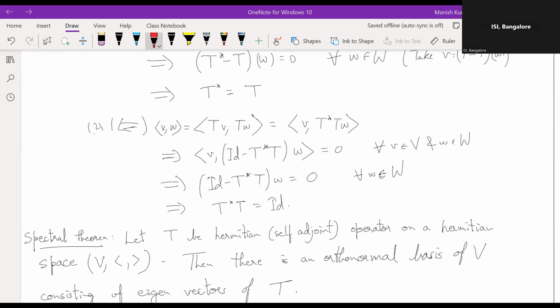Non-degeneracy gives you that as soon as you have <v, Tw> is 0 for all v and w, non-degeneracy tells you that T must be the 0 map. You don't even need positive definite, just non-degeneracy is enough. Yeah. So that is what we are using.